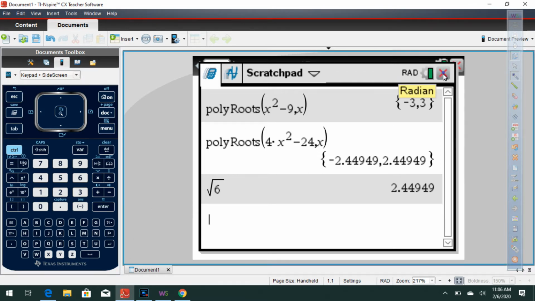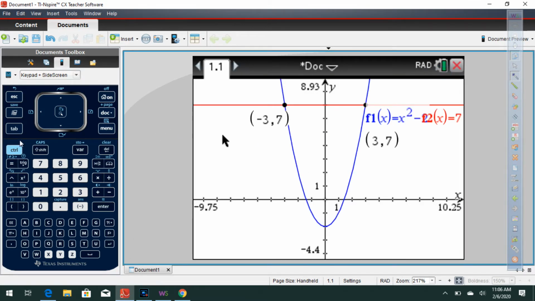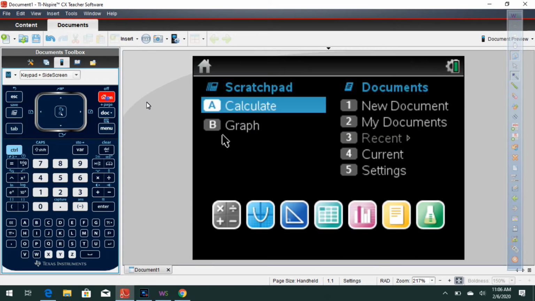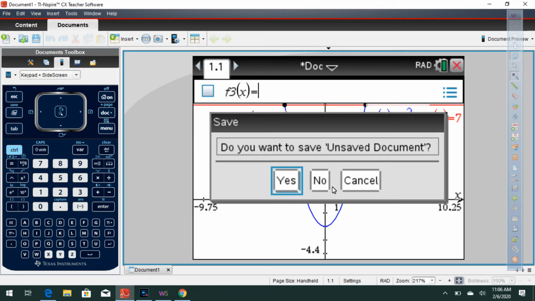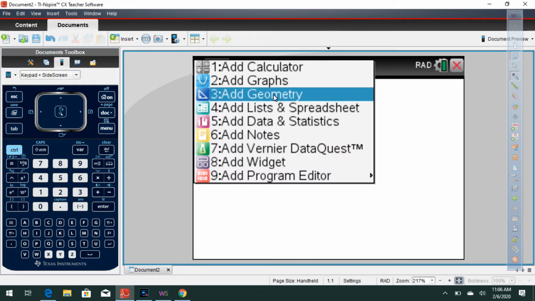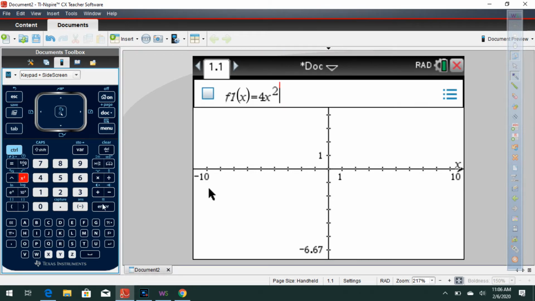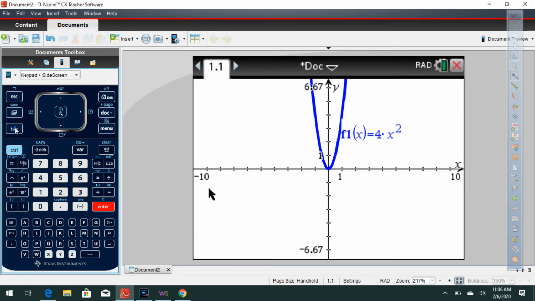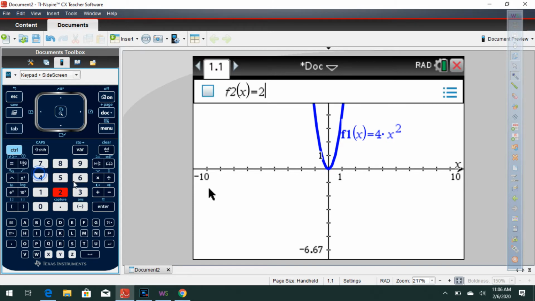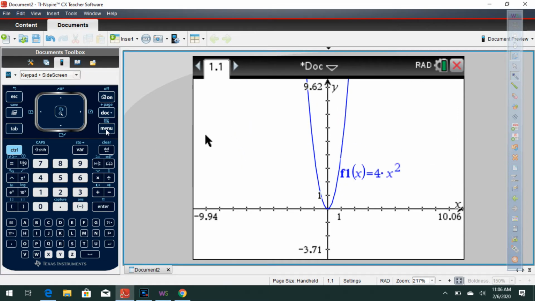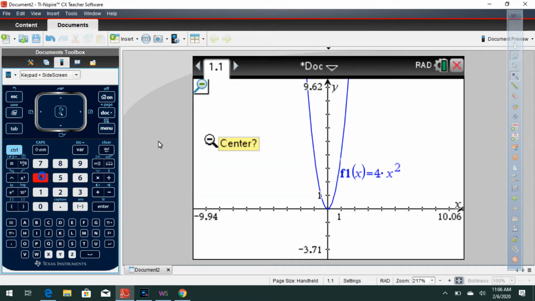And yes, you can graph it as well. Tab on new document, no, graph, and you got 4x squared and tab 24 and menu 4, 4.